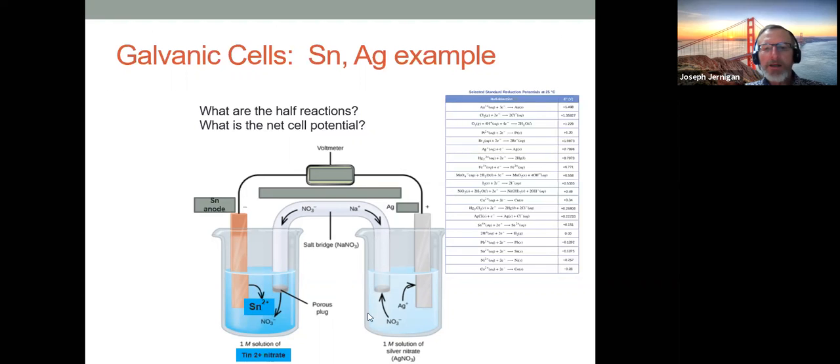So we've got tin, and we have silver. So we've got silver on one side and tin on the other. Let's think through this. What's the half reaction? That's a little hard to read. I apologize for that. But we've got a tin metal making tin 2+, right? Tin 2+ plus 2 electrons. I see it.